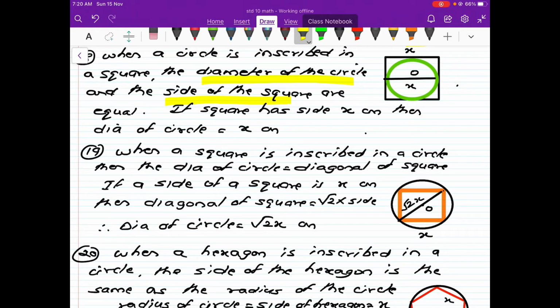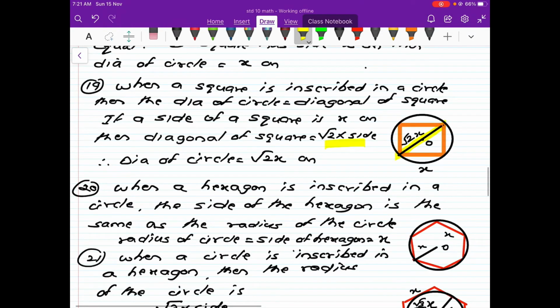Now when it's just the opposite, when a square is inscribed in a circle, then the diameter of the circle is given by root 2 into the side of the square. So this is the diameter of the circle. This is also the diagonal of the square. The diagonal of a square is always given by root 2 into side. Now this diagonal of the square will become the diameter of the circle.